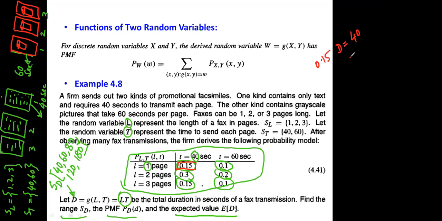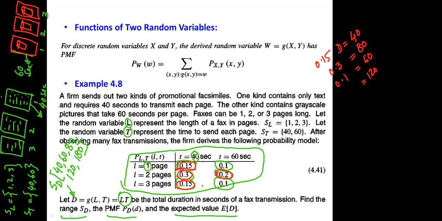When D is 80, that means we are talking about 0.3. When D equals 60, it is 0.1. For 120, remember one thing: 120 actually comes twice. 40 into 3 equals 120, and again 60 into 2 equals 120.